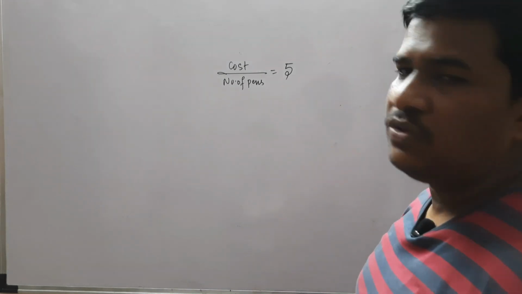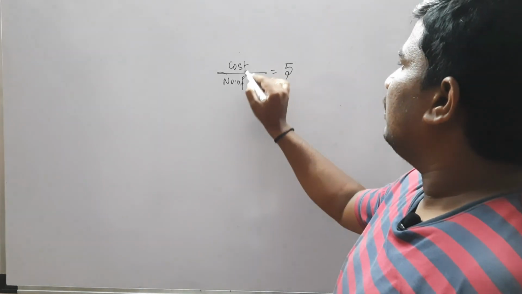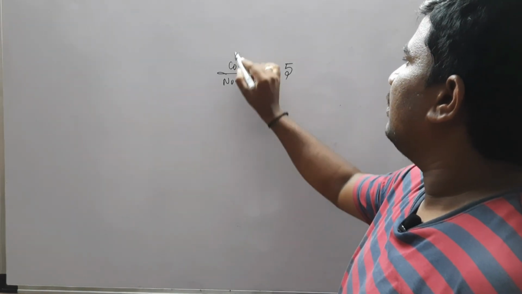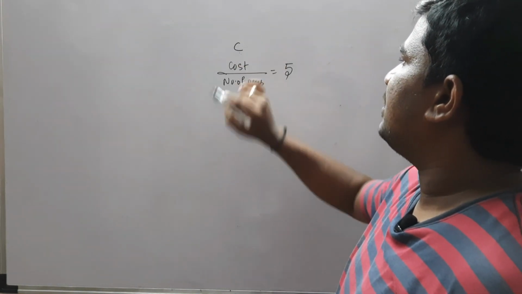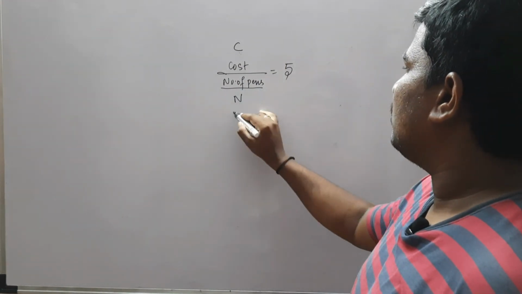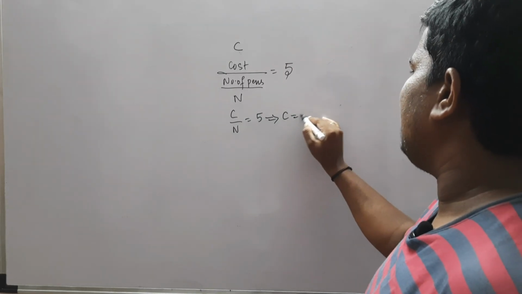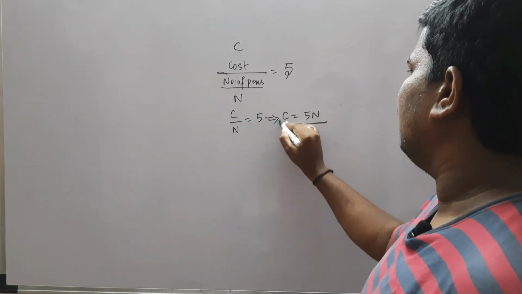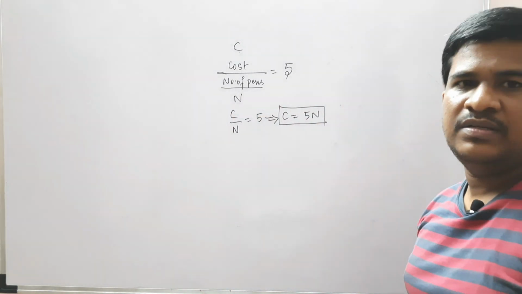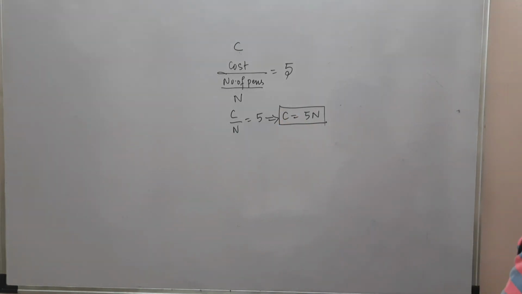So say cost is represented with C, number of pens with N. So C by N equals 5, which implies C equals 5N. So I framed an equation between cost and number of pens. N represents the number of pens, C represents the cost.